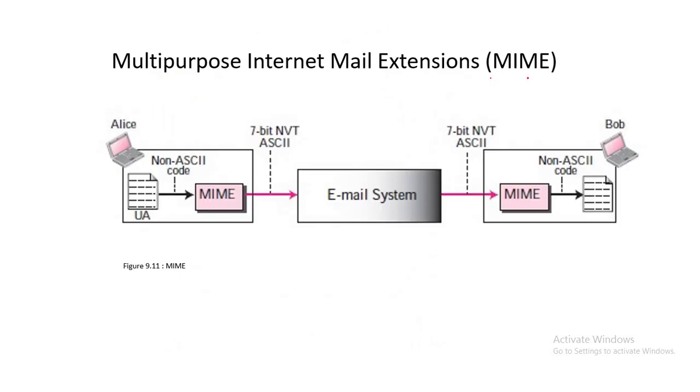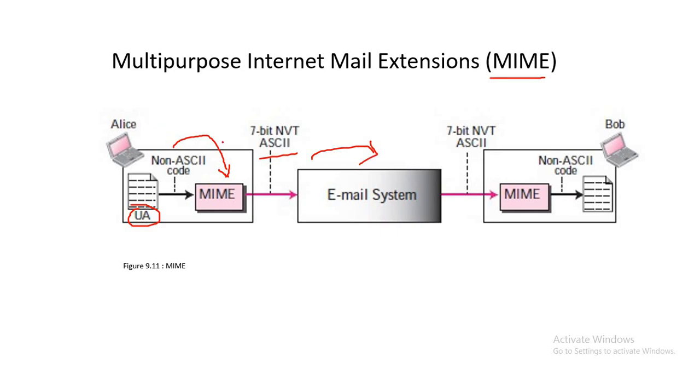And there is one more protocol, the Multipurpose Internet Mail Extension, MIME. MIME is used for conversion from non-ASCII code to ASCII code. Whatever non-ASCII code is with the user agent, MIME will transform into ASCII code. This 7-bit NVT ASCII code will be transferred to the server.